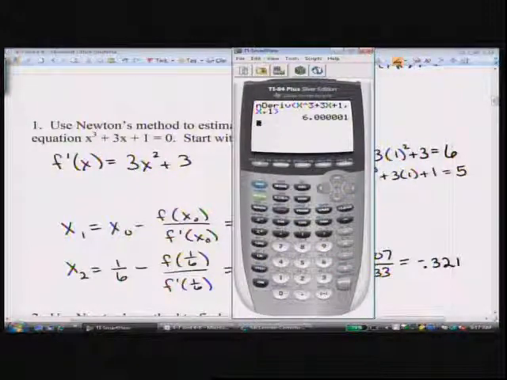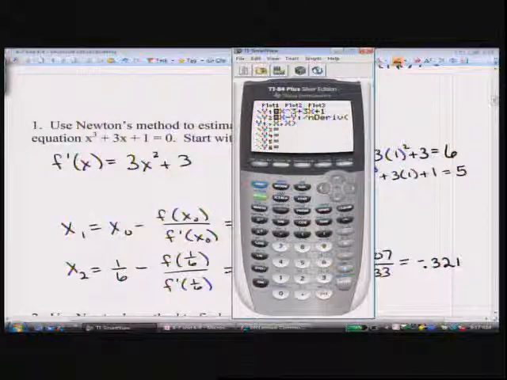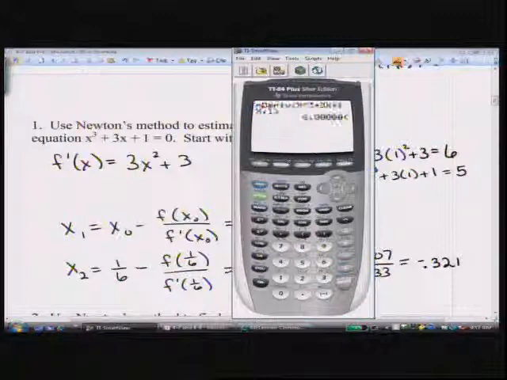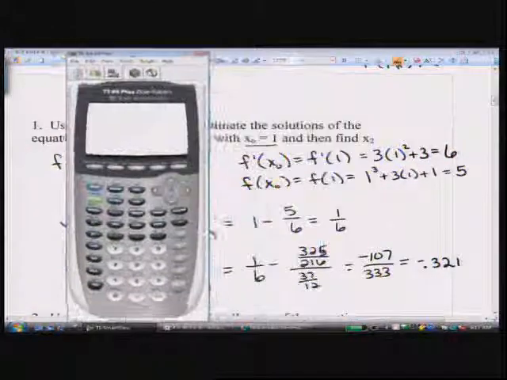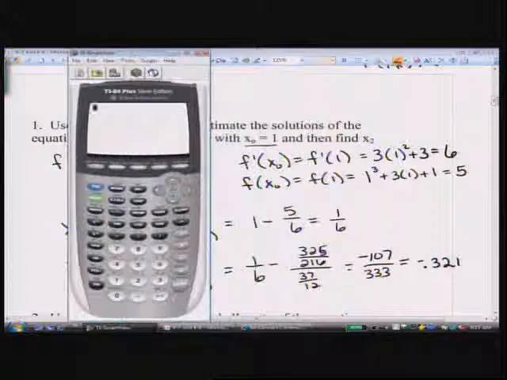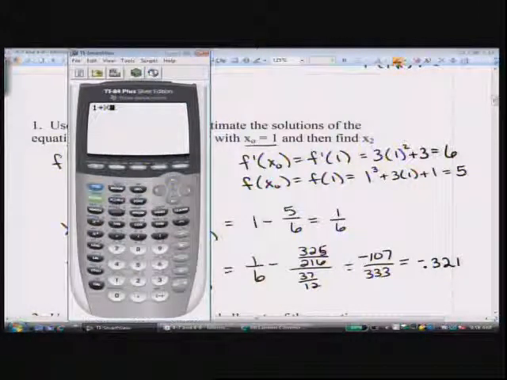Now, the reason in here that I put comma x is because I'm going to be changing my x each time. Okay, so now if I want to go through the process to figure out what x1 is, I need to store what x naught is. Now remember, we chose x naught to be 1. So I'm going to take 1 and store that in x.